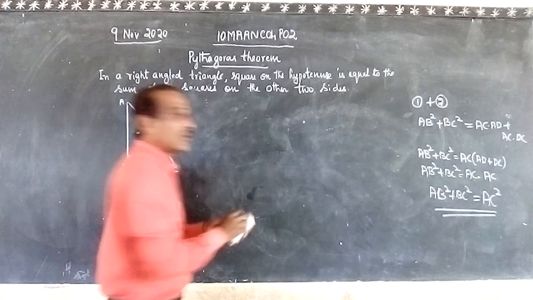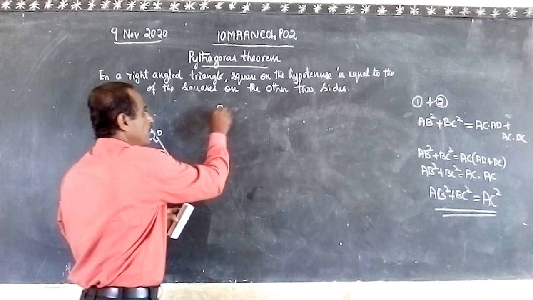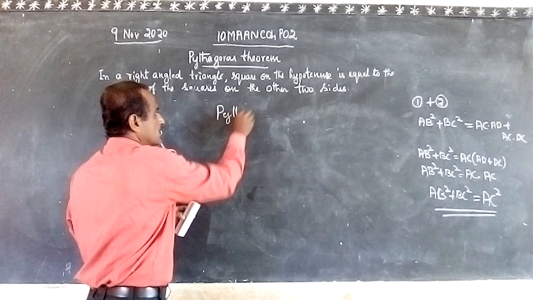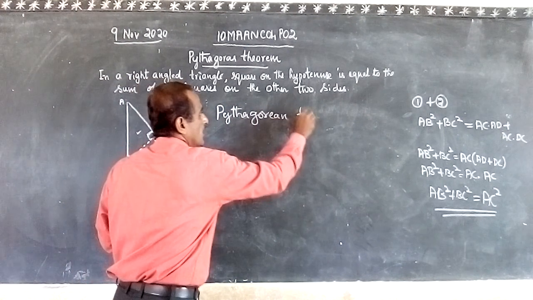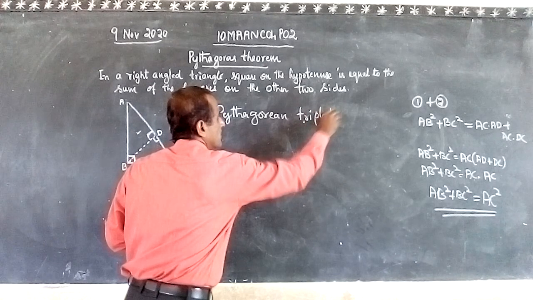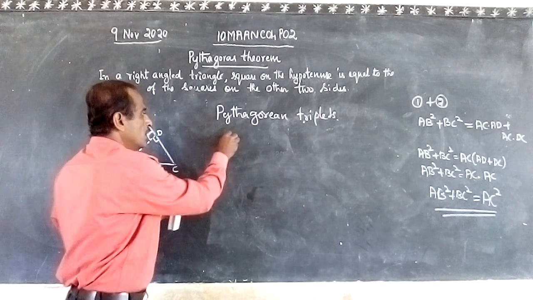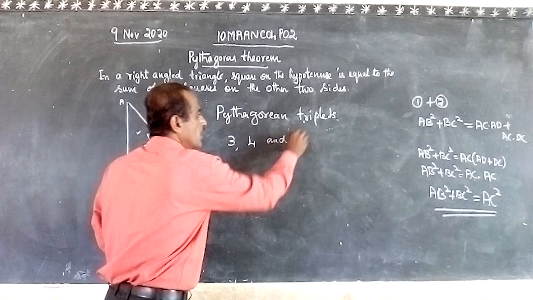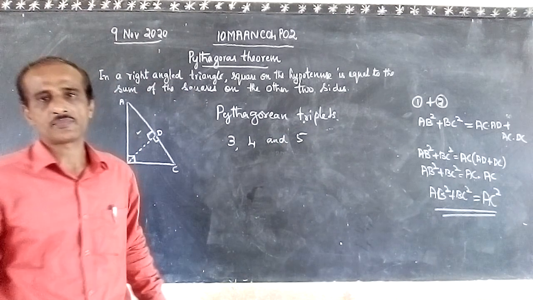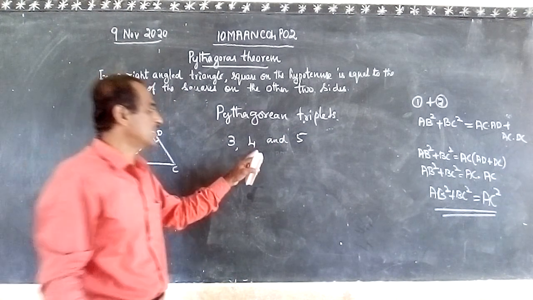Now here about Pythagorean triplets, some numbers are there. What is that Pythagorean triplets? If three numbers are given, for example, 3, 4 and 5 are Pythagorean triplets. What is the meaning of Pythagorean triplets?